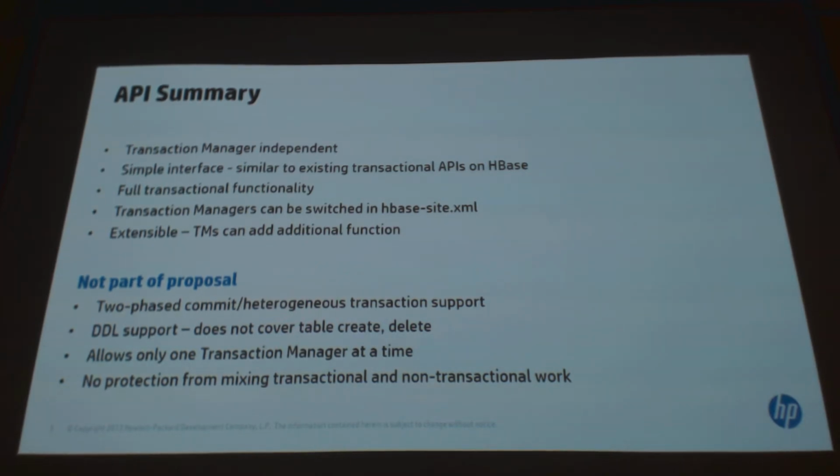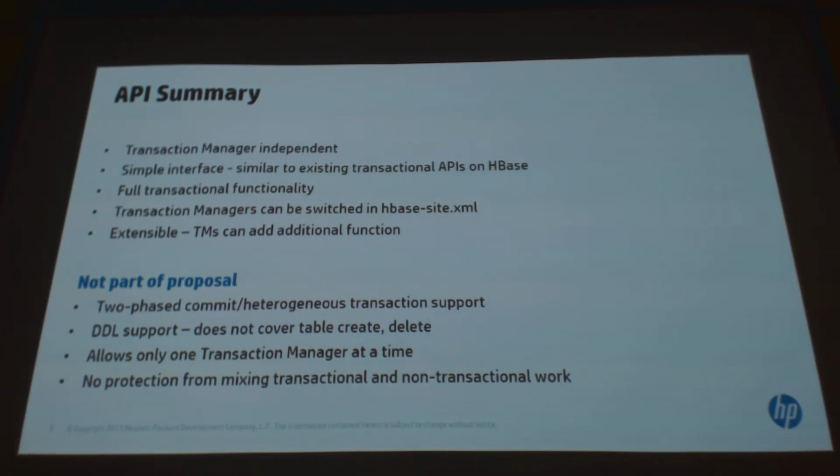What we're not doing here is two-phase commit. Okay, so if you think about transaction management, you usually think about two-phase commit, right? Well, that's really an implementation detail. As far as the application is concerned, all it really needs to do is begin a transaction and then decide what it's going to do with it, whether it's going to commit it or roll it back. It doesn't need to worry about the two-phase commit.